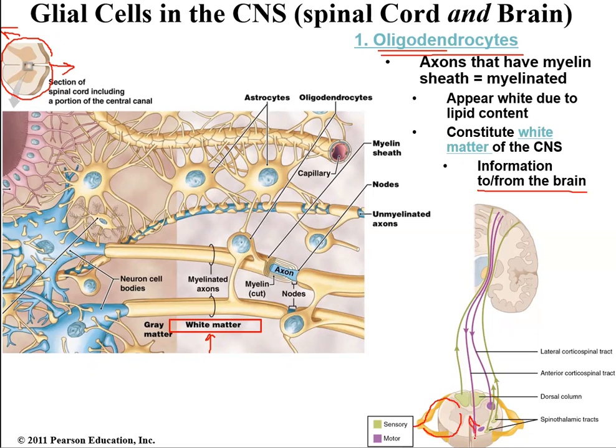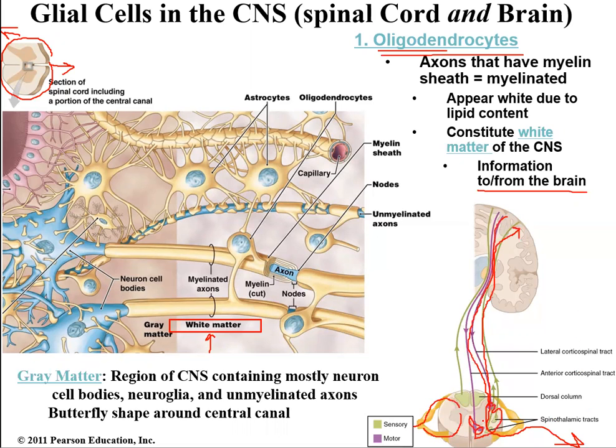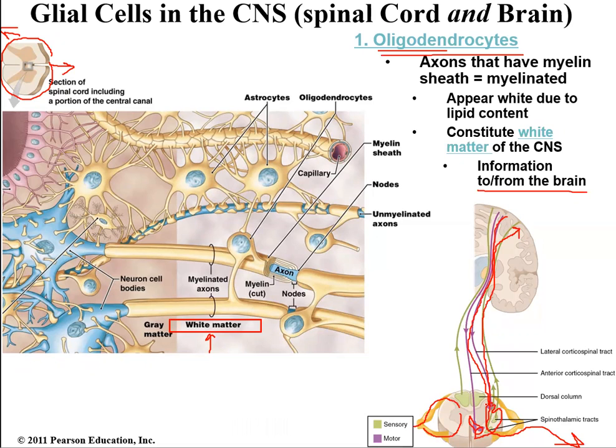And in the white matter surrounding the gray matter butterfly in here, these are actually what are called tracts. So like bundles of myelinated axons carrying information all the way up to the brain. Brain integrates this information with tons of interneurons. And finally, motor decision is relayed back down and can exit to the part of the body where it is relevant. Okay, so white matter is where information is going up and down.